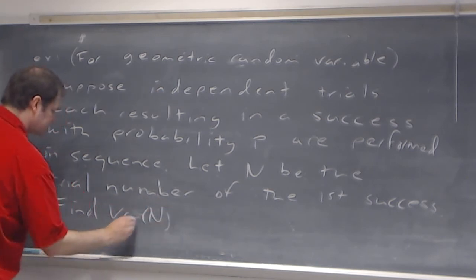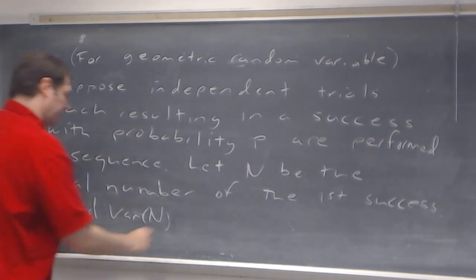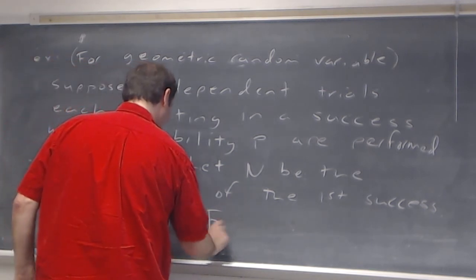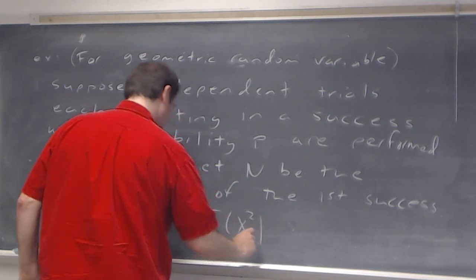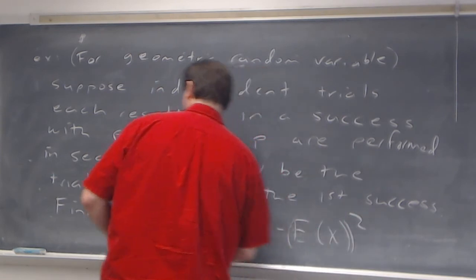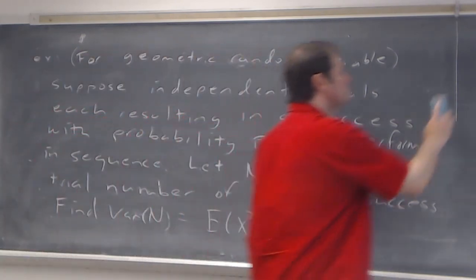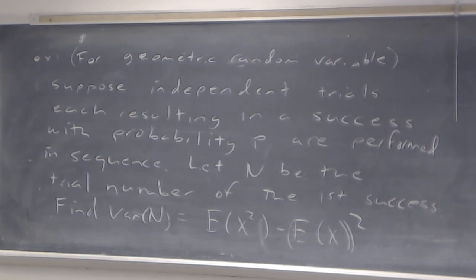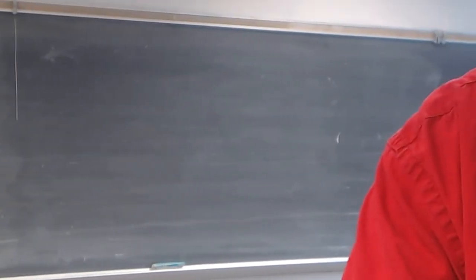So we're finding the variance of a geometric random variable. Okay. We know that's equal to the expected value of x squared minus the expected value of x squared. Okay. And so we can compute each one of these doing a conditional expectation.